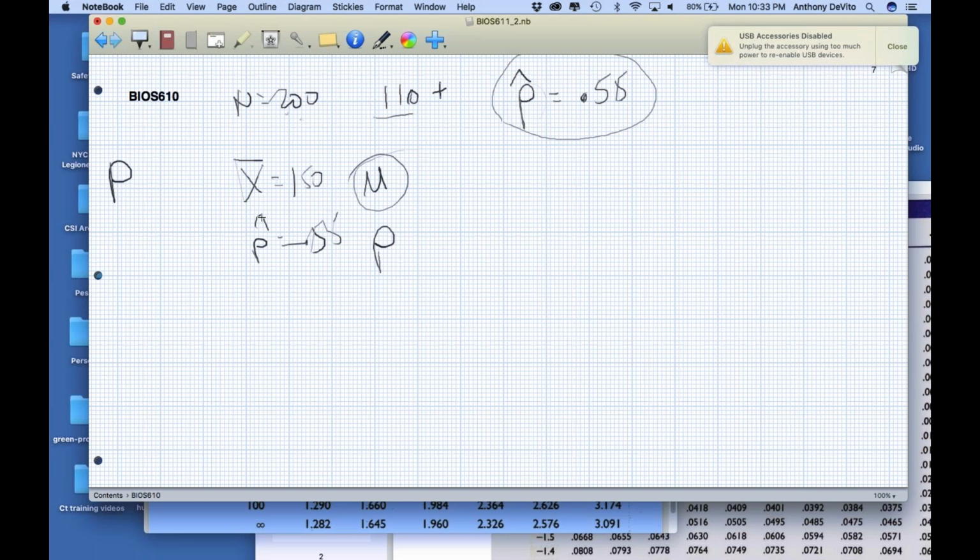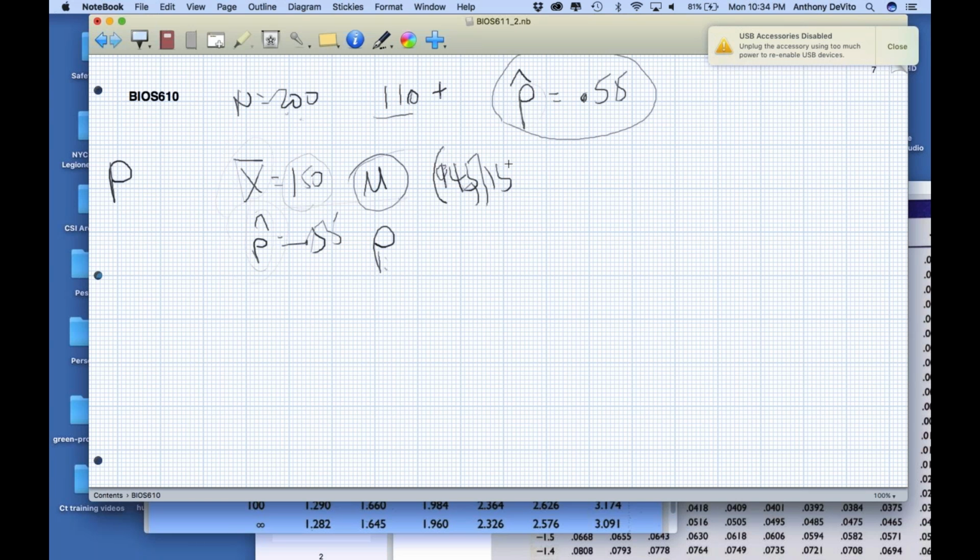Since we can't get a handle on how close we are to the true mean, because we never know what the true mean is, by using the confidence interval, instead of just looking at this as 150, now we can say that we believe the true mean is between 145 and 155, I'm making these numbers up.